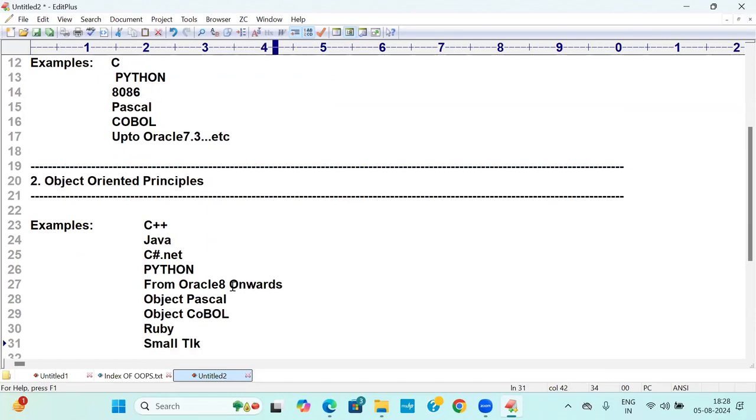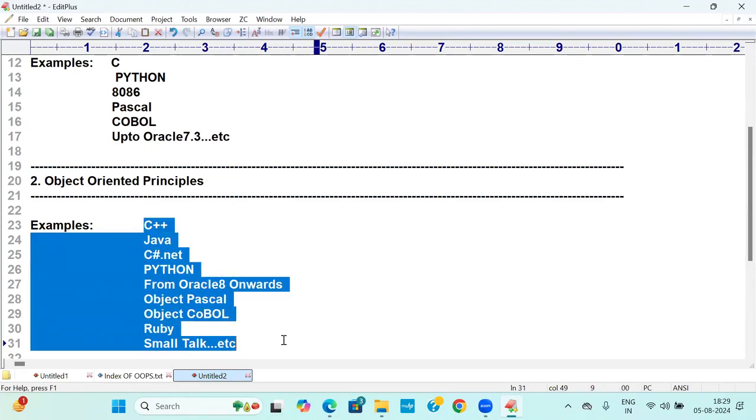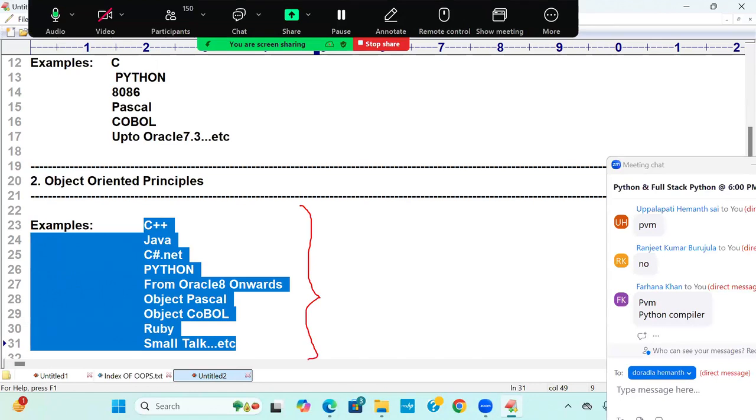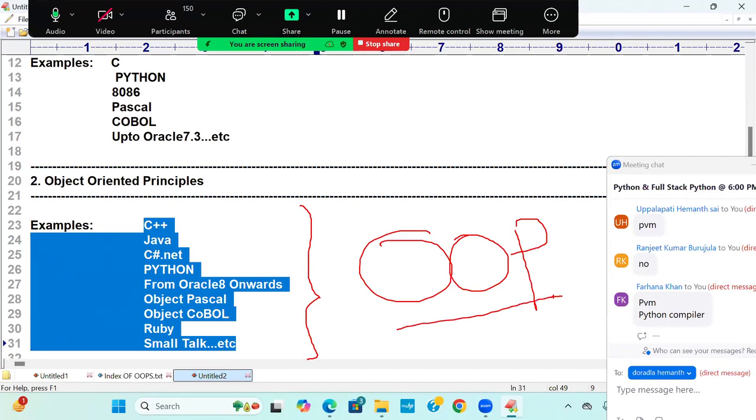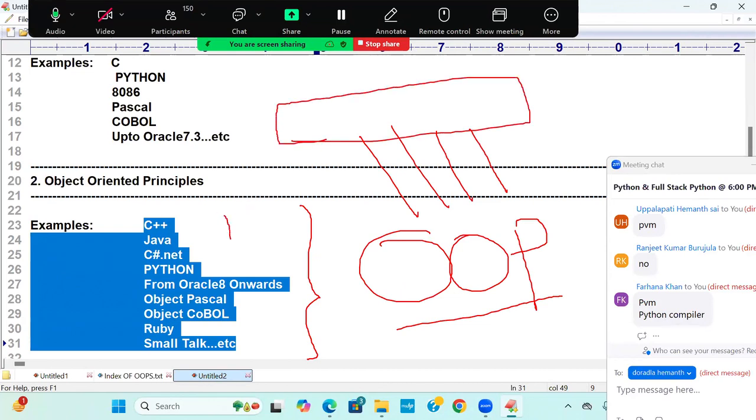If we go on enumerating, there are so many languages. I can say almost all the present languages satisfy object-oriented principles. My advice is, once you learn object-oriented principles, those principles are common for all object-oriented languages.